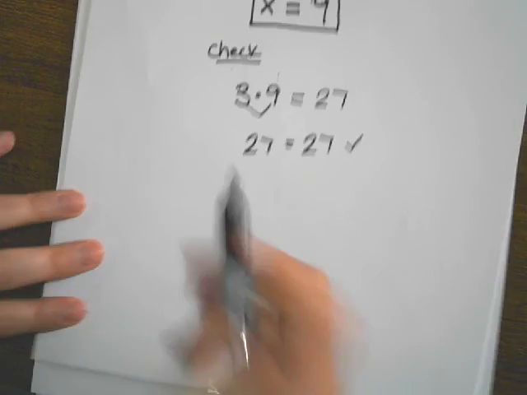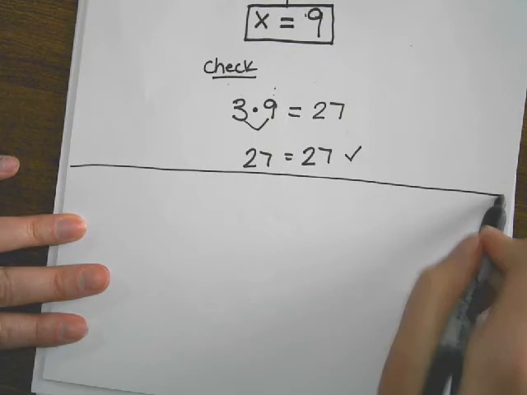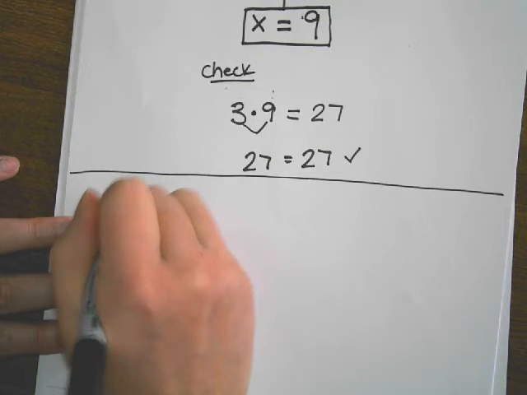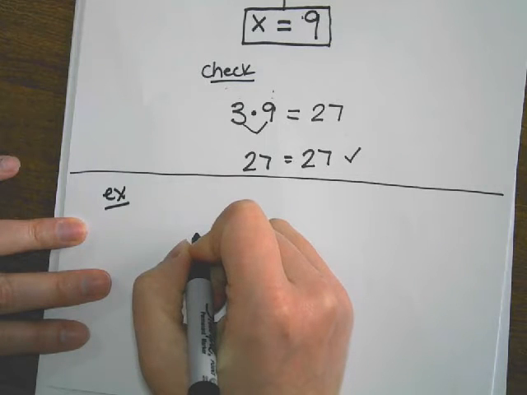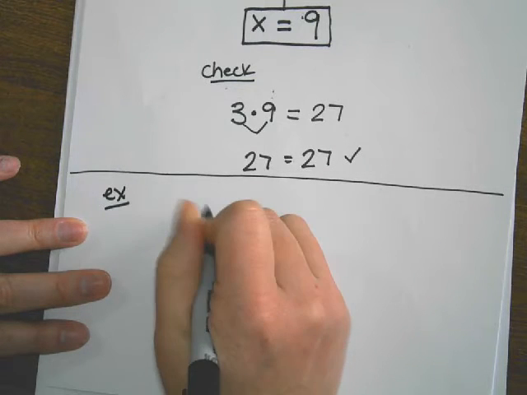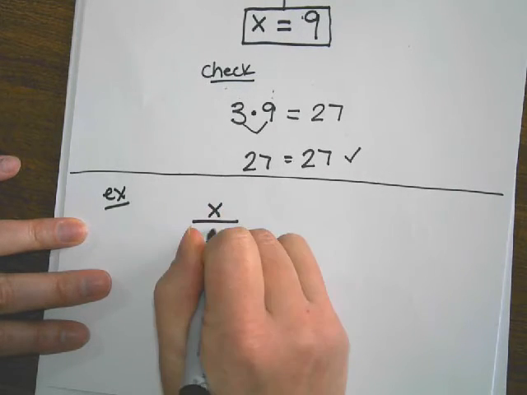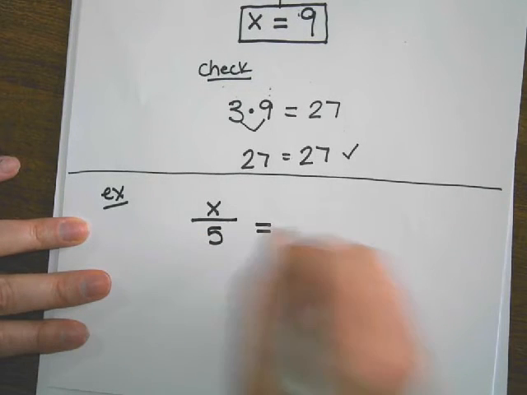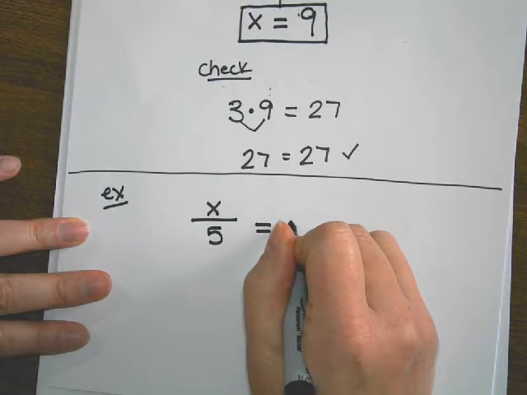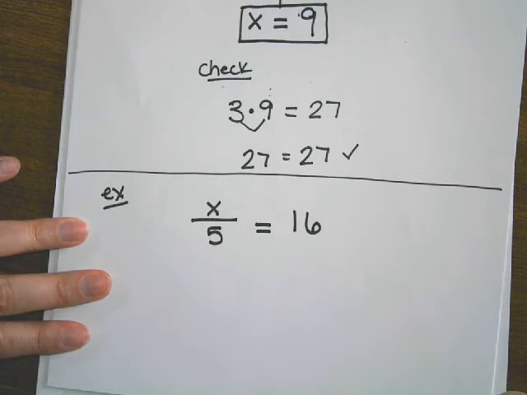Now, let's do a division problem here. Let's say I have x divided by 5 is equal to 16.